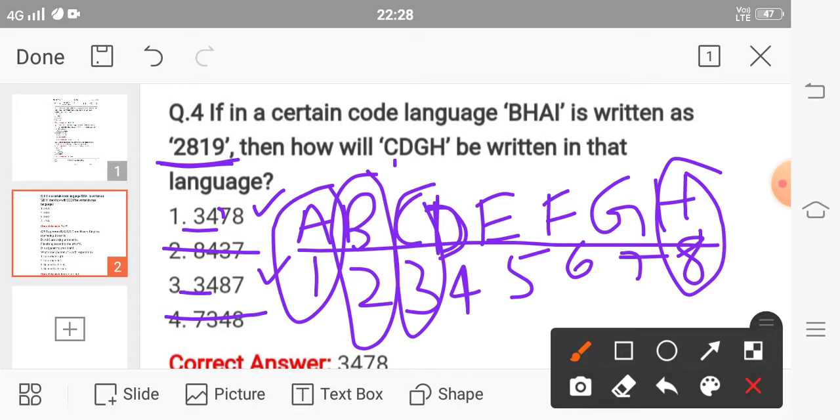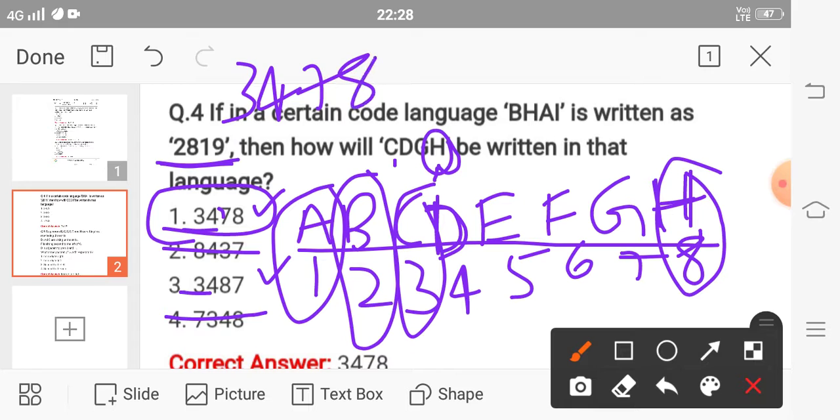Go to the last letter, here H. So the number of this H is equal to 8. Where is 8 in these two options? First one, 3, 4, 7, 8. So this is the correct answer.